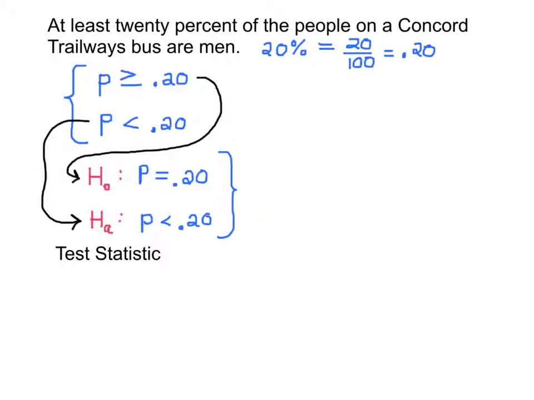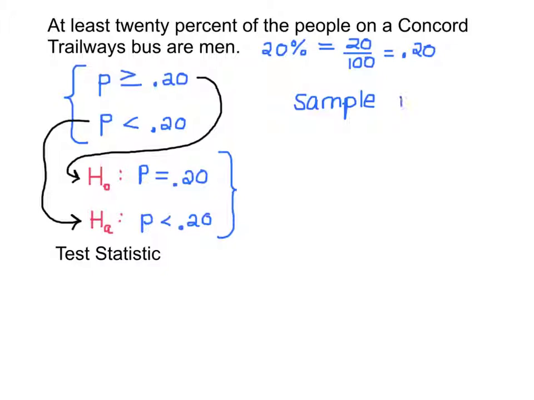Okay, so we found our two hypotheses, and the next thing that we need is a test statistic. So we're going to test our hypothesis, and we test our hypothesis by taking a sample. We'll get a bus load of people and find out what the proportion of men is. Maybe we'll get a bunch of buses and find out the proportion.